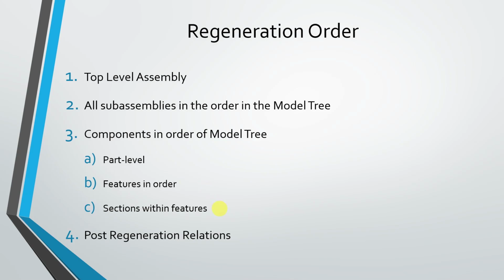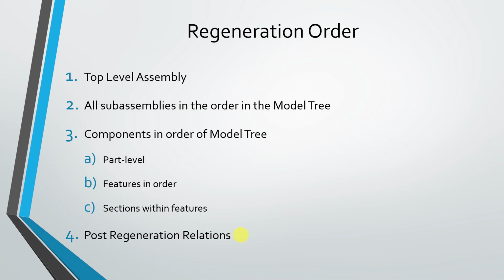And if those features are sketches or contain sketches like a variable section sweep or a swept blend, then it'll evaluate the relations within those different features. And finally, the last thing it's going to evaluate are any relations that were specified as post-regeneration relations.